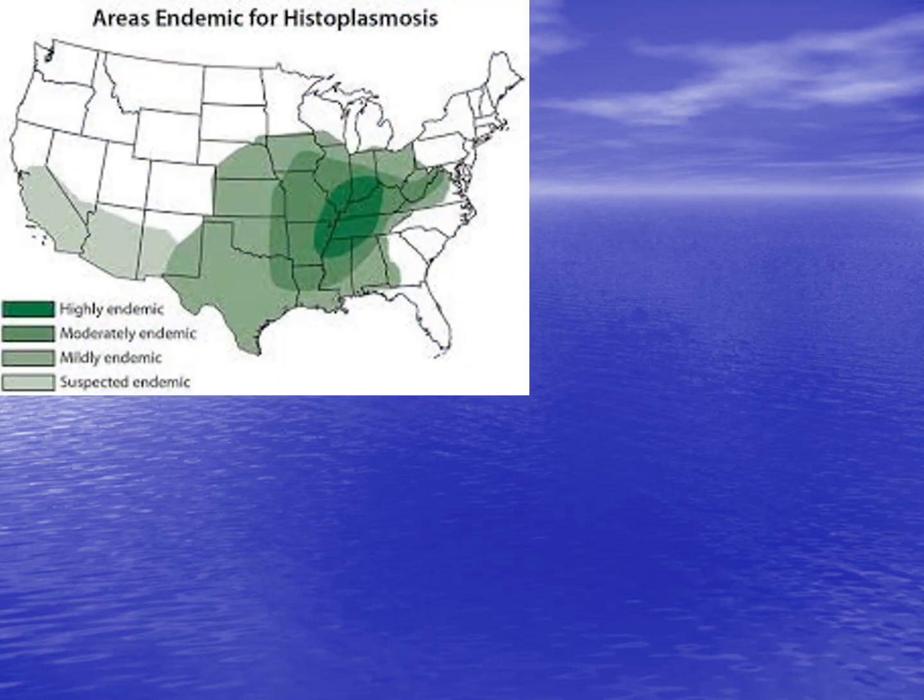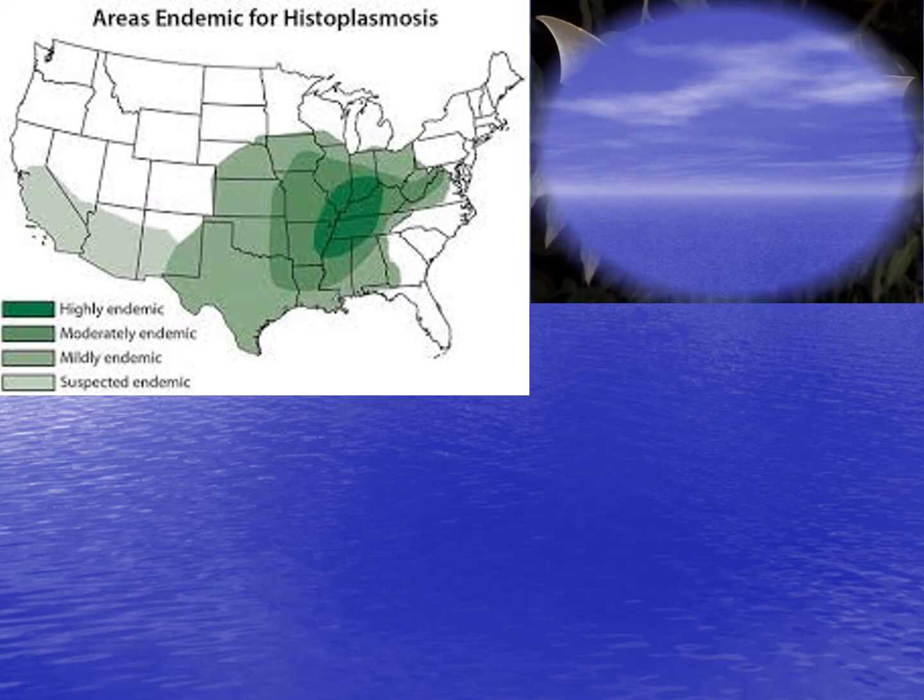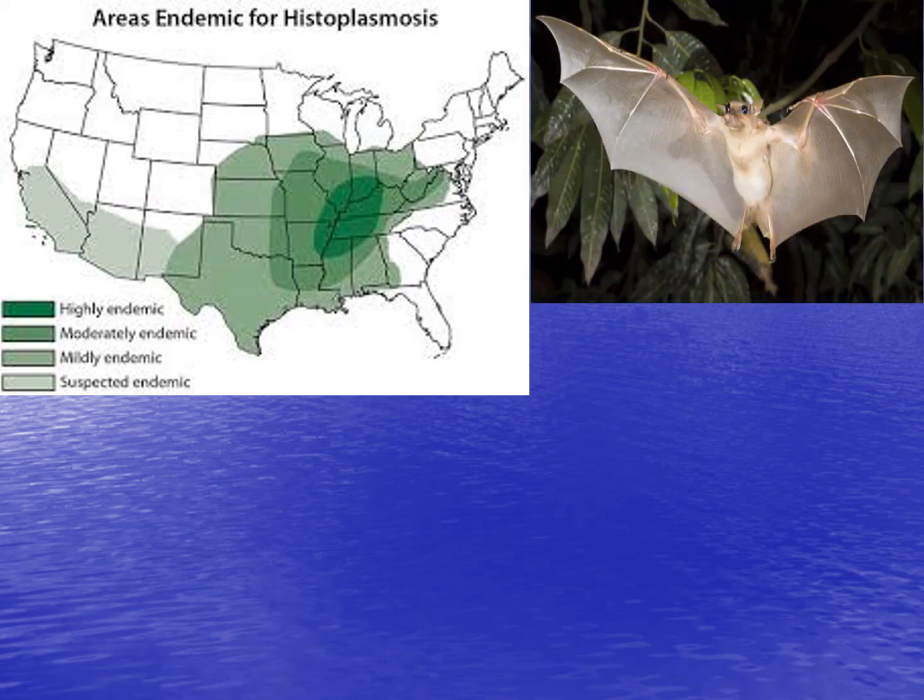Both histoplasmosis and blastomycosis have overlapping areas that we see for their distribution. For histoplasmosis, the Ohio and Mississippi River valleys, and so we do see endemic areas here in southeastern Missouri, but also we see this here in southwestern Missouri.